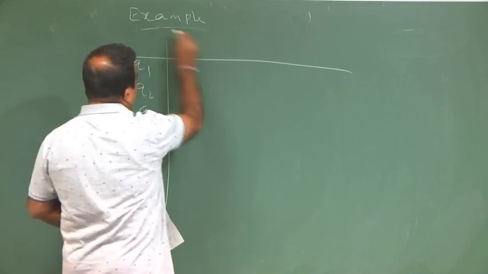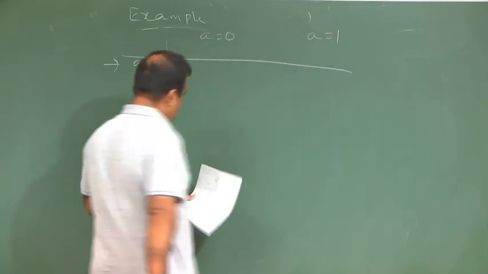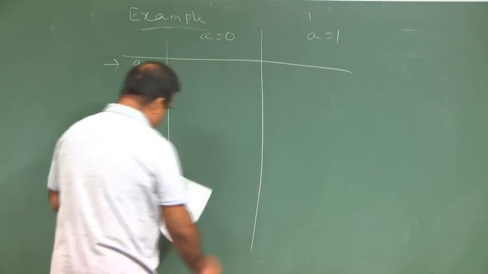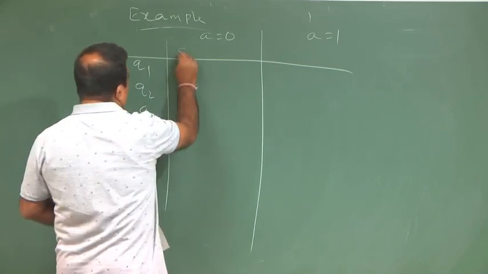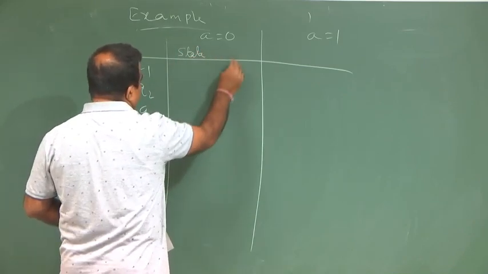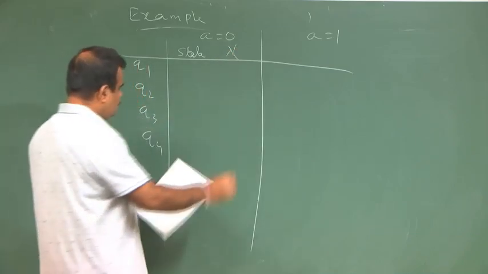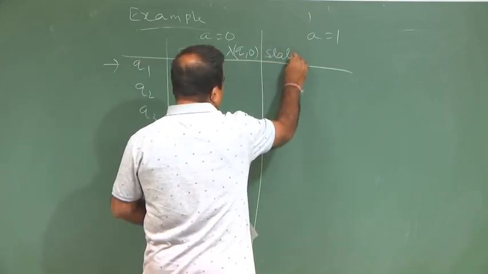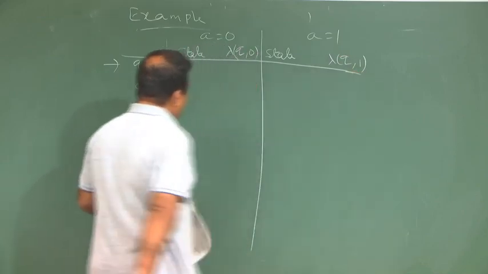This column is for input 0, this is for input 1. There are 2 inputs, and this is which state it is going to, and this is our lambda of Q comma 0, and which state it is going to, and this is our lambda of Q comma 1.